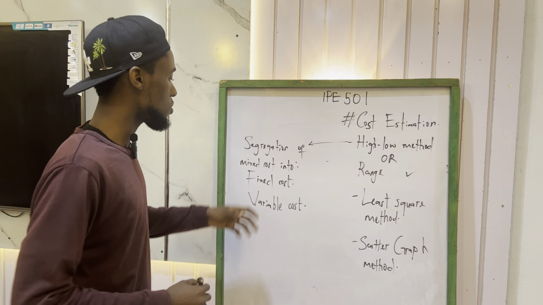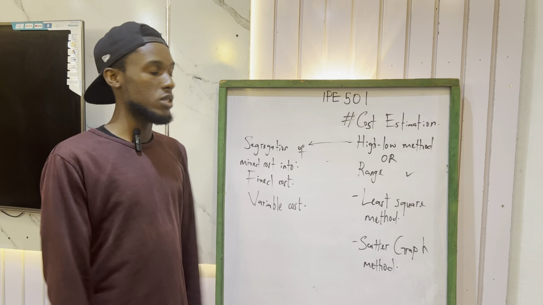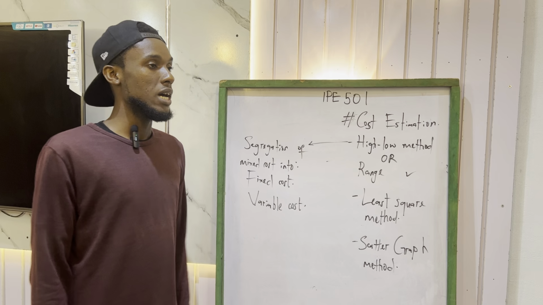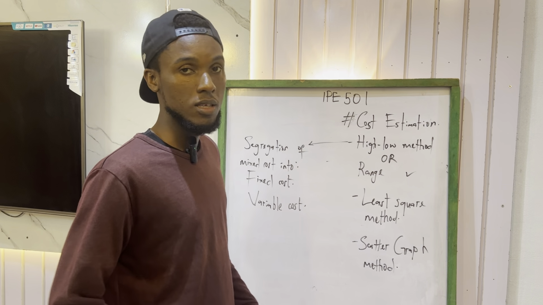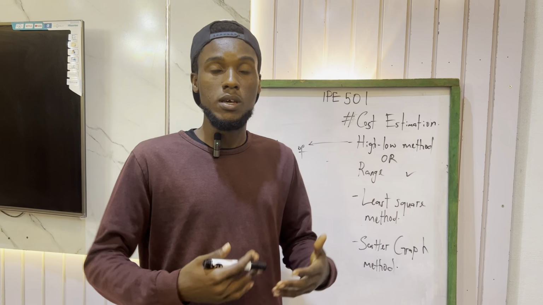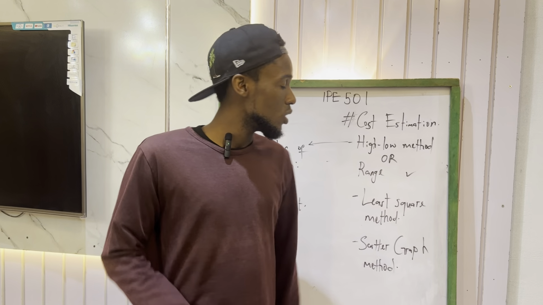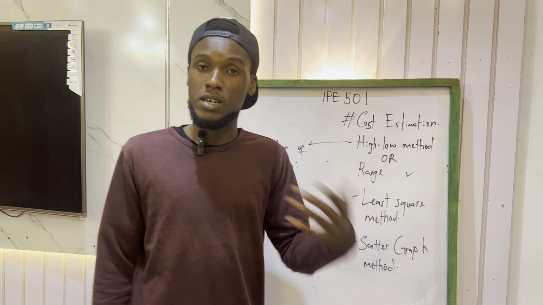So what are fixed costs? What are variable costs? These are types of cost attributes. Fixed costs, as the name suggests, are constant no matter the level of activity the manufacturing company is engaged in, whether the output is high or low. Things like rent.